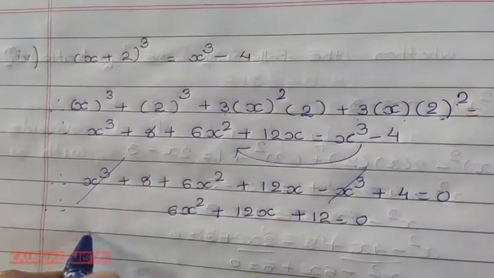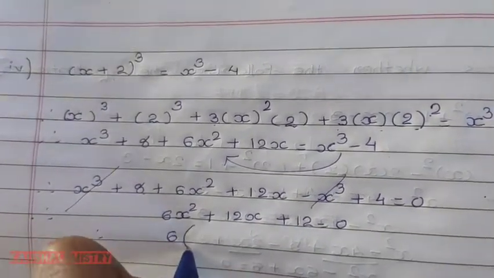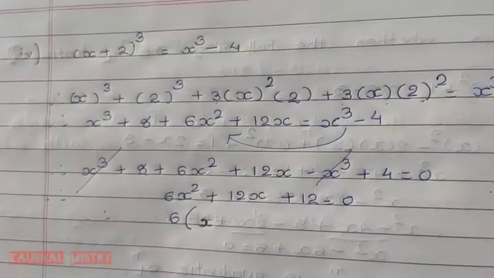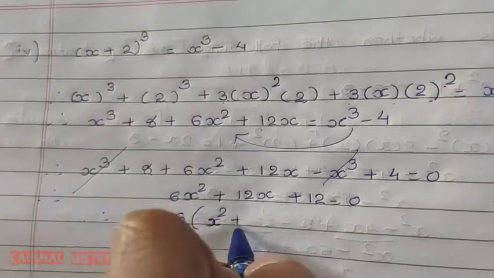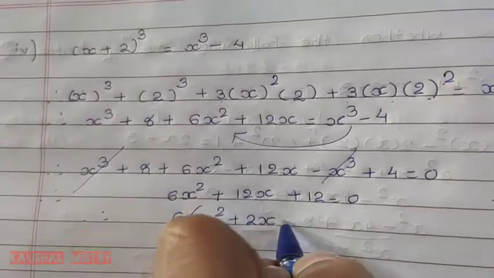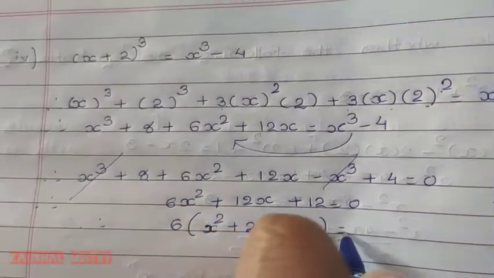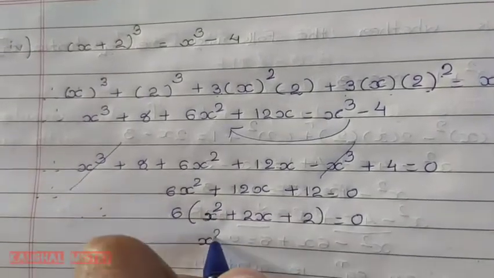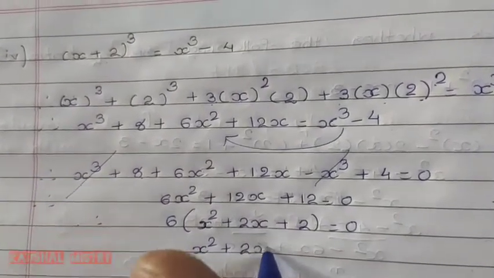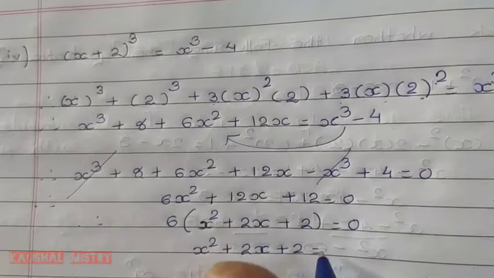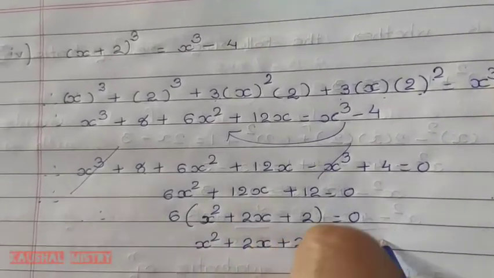Now we can see that 6 is common, so x square plus 2x plus 2 upon 6 is equal to 0.